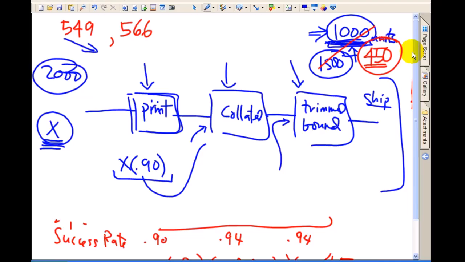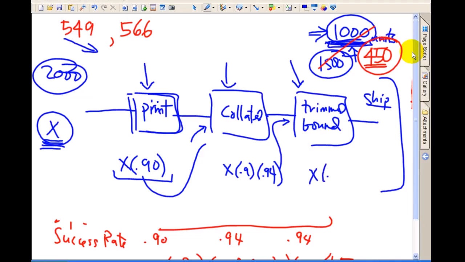And then of these, x times 0.9, the usable units after the first phase, how many will survive? 94%, 0.94. And that becomes the usable units on the third phase.